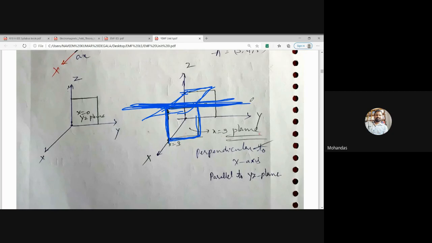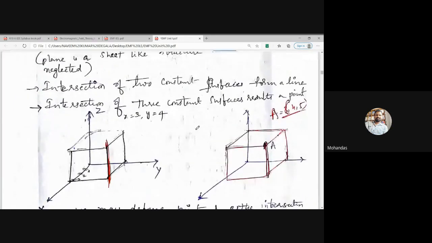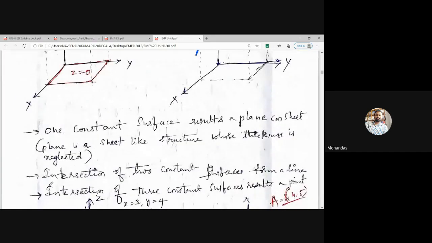Instead of saying the line is along the z-axis or along the y-axis, the intersection of two constant surfaces forms a line. X equal to 2 is one constant surface, and z equal to minus 2 is another constant surface.